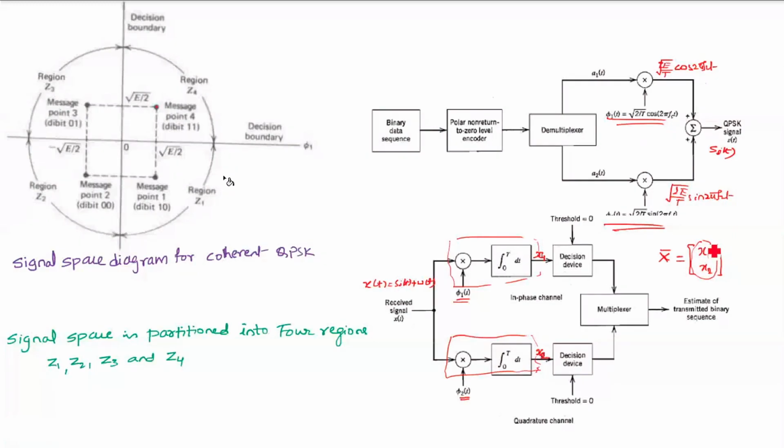x1 is a sample value of a random variable capital X1, and x2 is a sample value of a random variable capital X2, so x1 and x2 are random. Now this vector, if it falls inside the region Z4, we decide in favor of 1 1. If the vector x1 x2 falls inside the region Z3, we decide in favor of 0 1.